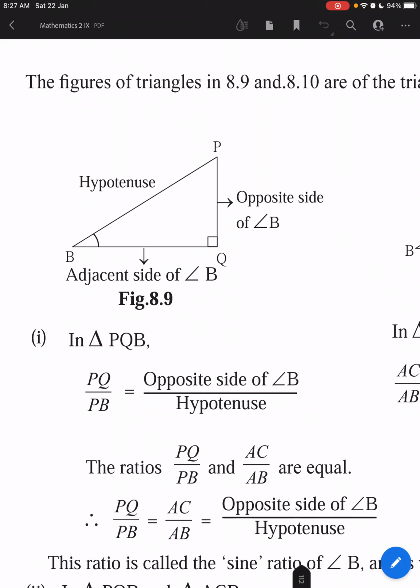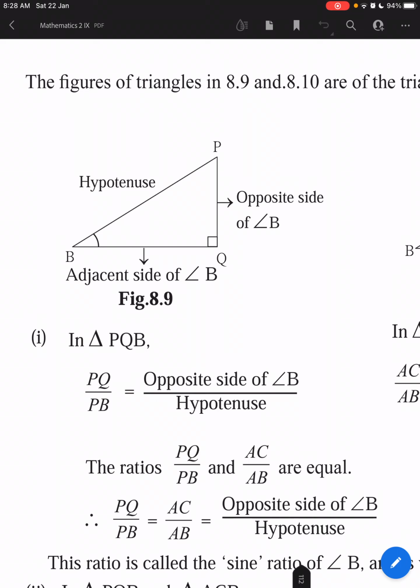Angle Q is a right angle, angle B is an acute angle. For angle B, BQ is the adjacent side. For angle B, PQ is the opposite side. And opposite angle Q, which is a right angle, PB will be called the hypotenuse.